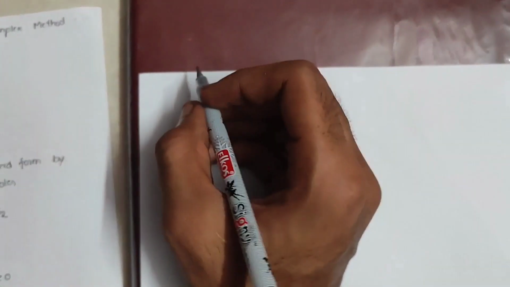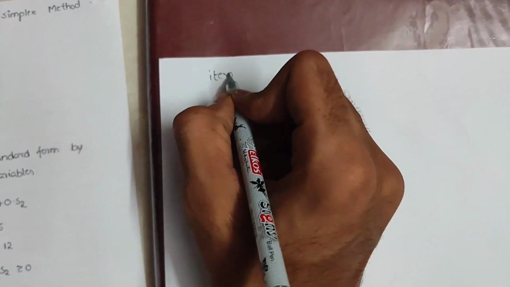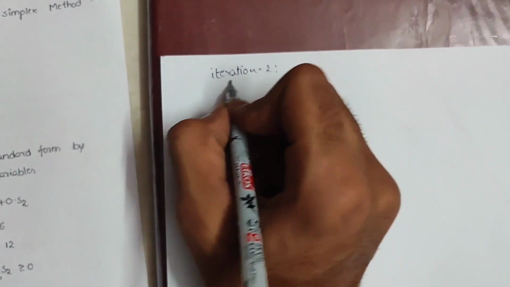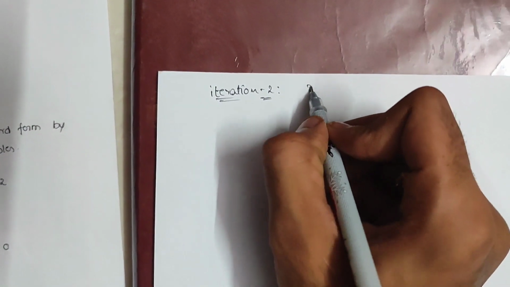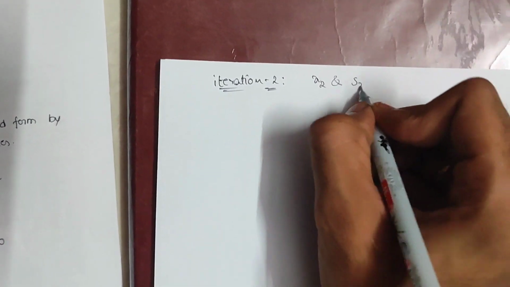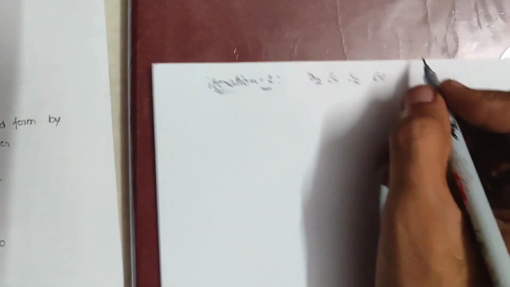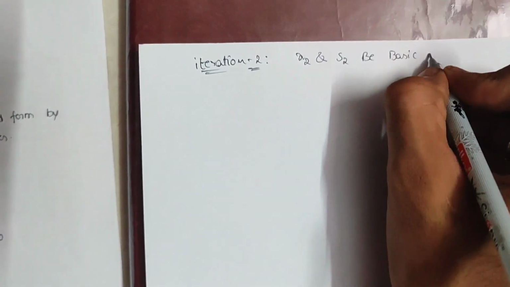So let us try to write the iteration 2 for this method. As we got x2 and s2 to be the basic variables, let us try to write the constraints using x2 and s2.